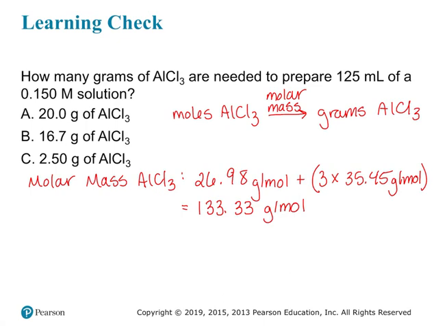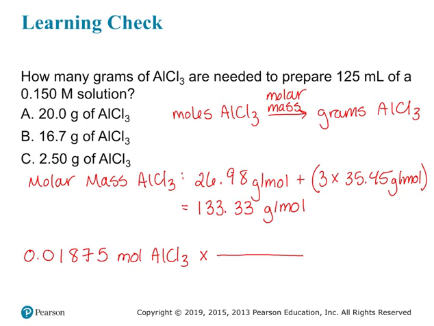So now we can take our 0.01875, I believe it was. Let's double check. Yep. Moles of aluminum chloride. And we're going to use the molar mass to convert from moles to grams.